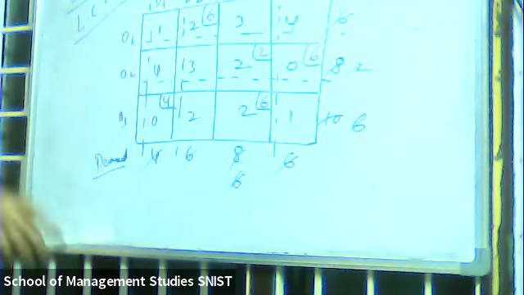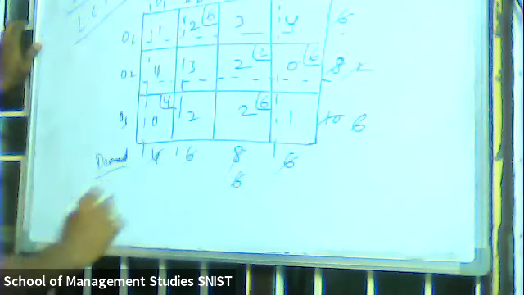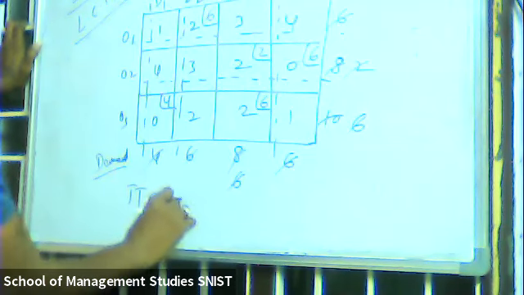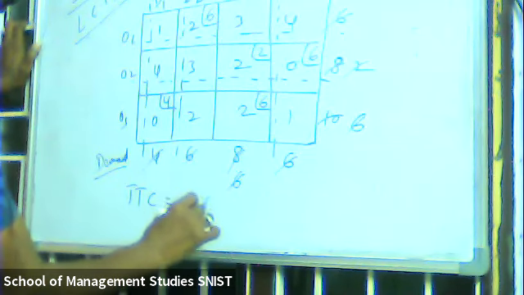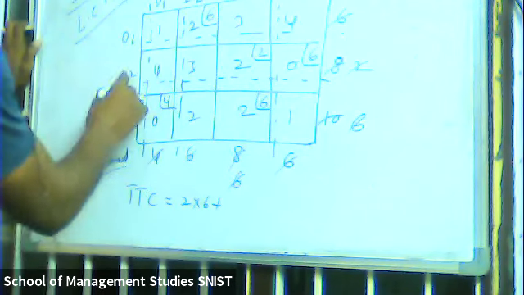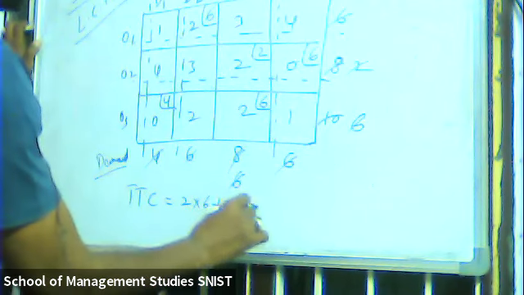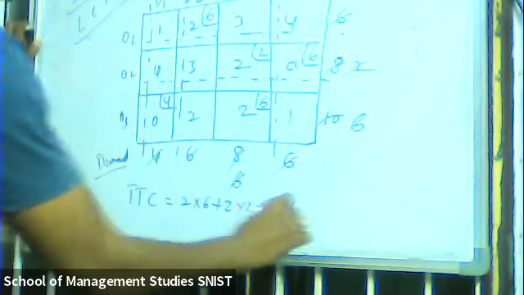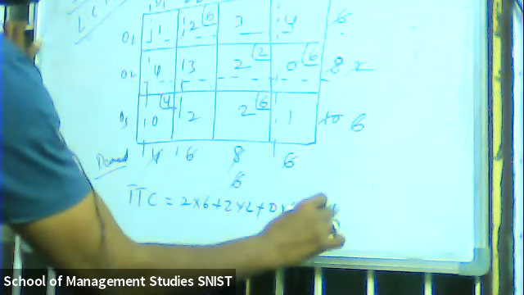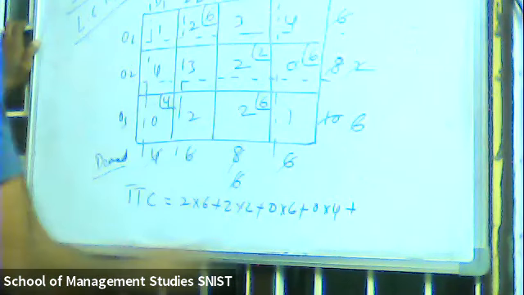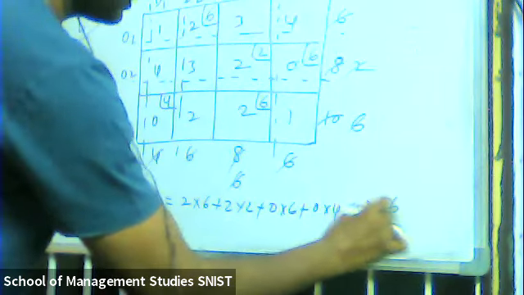Okay. Now total transportation cost, which is X12, 2 into 6 allocation which we got, and the next allocation in the X23, which is 2 into 2, plus 0 into 6 in X24, then 0 into 4 in X31, plus again in X33, which is 2 into 6.